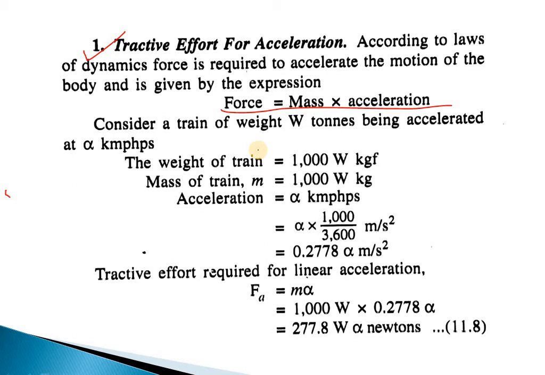Mass of the train m equals 1000 W kg, and acceleration is alpha kilometer per hour per second. Then alpha equals 1000 divided by 3600 meter per second square. That means ultimately the acceleration is 0.2778 alpha meter per second square.